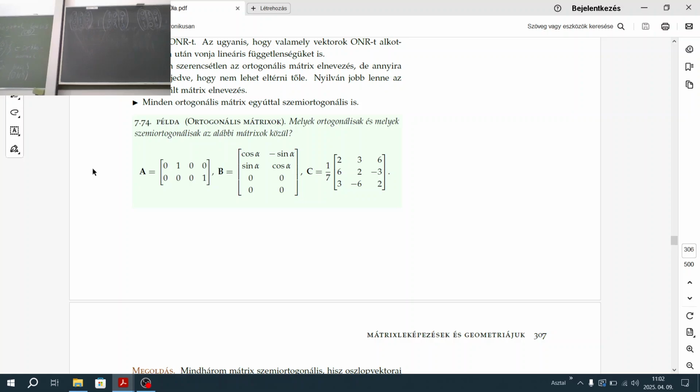The original definition was: the normalized vector of a is the vector divided by the length of the vector.